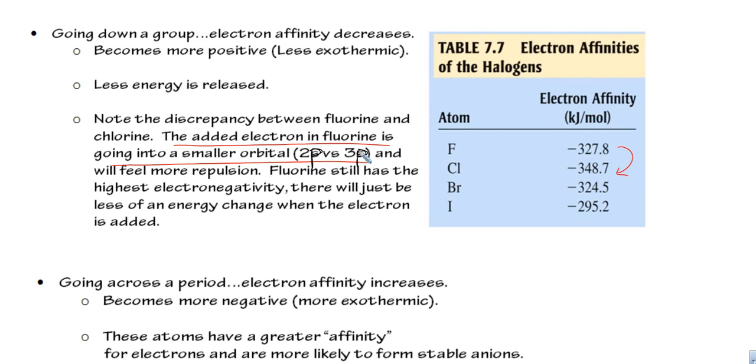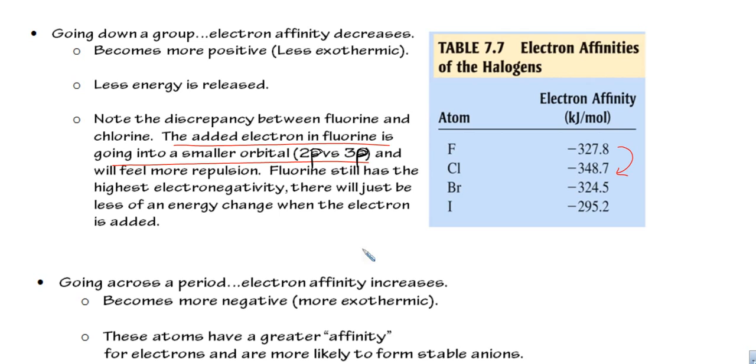When we're filling the orbitals of the halogens, we're filling the p orbitals. I noticed that earlier. That should be the p's. Okay, so if fluorine's putting that electron in a little bit smaller orbital, there's a little bit more repulsion, and so you just don't get as much energy released.